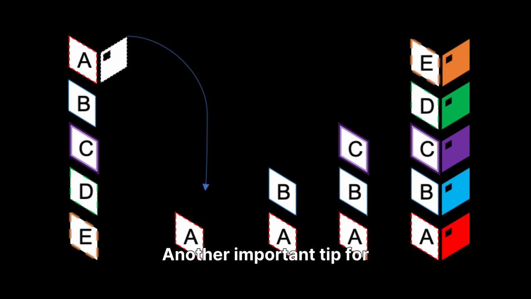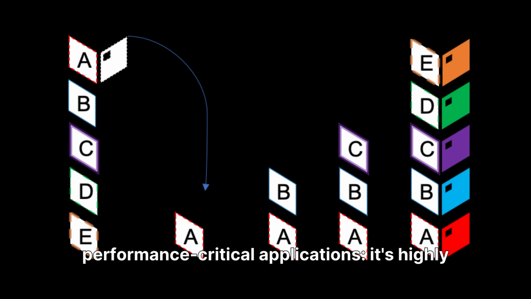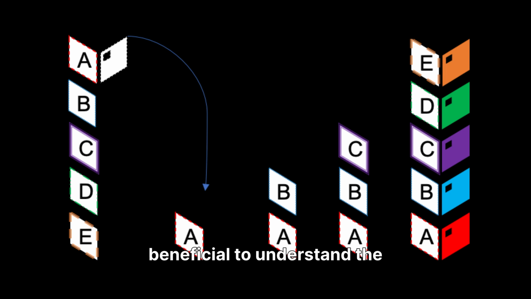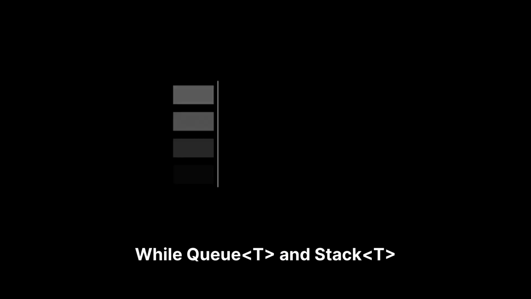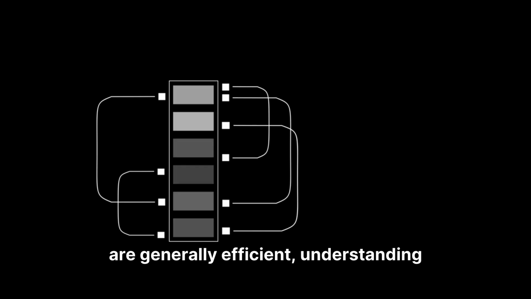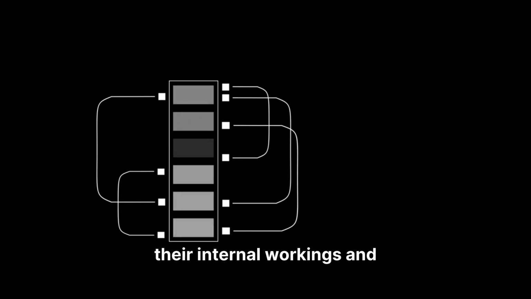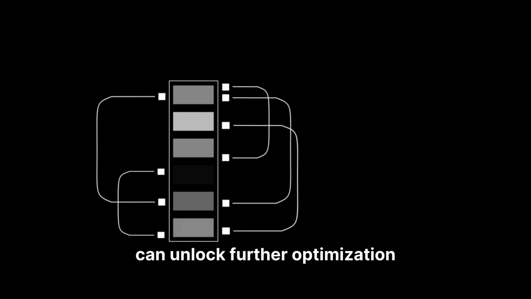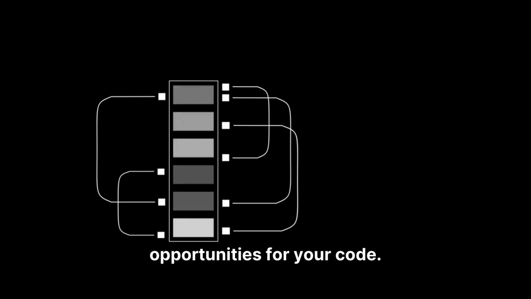Another important tip for performance-critical applications: it's highly beneficial to understand the underlying data structures that Queue<T> and Stack<T> utilize internally. While Queue<T> and Stack<T> are generally efficient, understanding their internal workings and how they manage memory can unlock further optimization opportunities for your code.